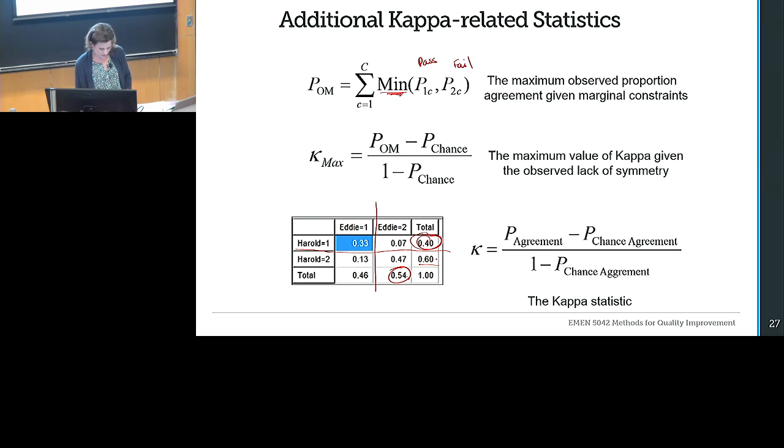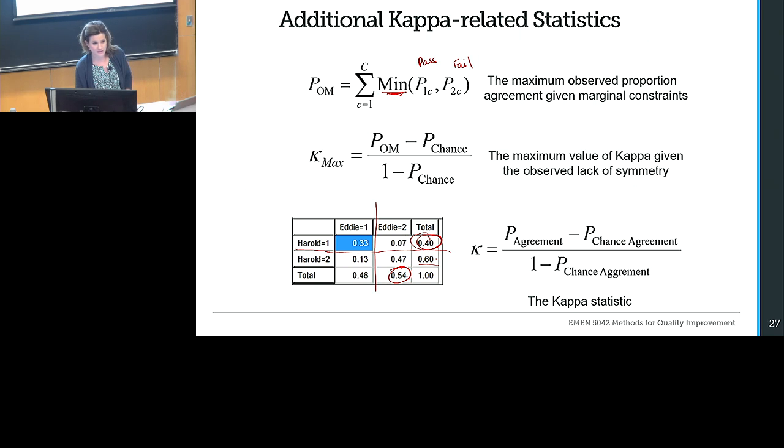So you can't agree on more than the minimum. It could have happened. It didn't happen, but it could have, right? So Eddie could have said, oh yeah, those are the max that could have happened.